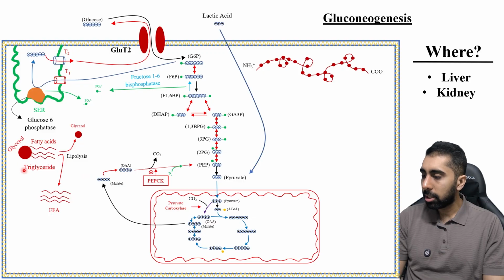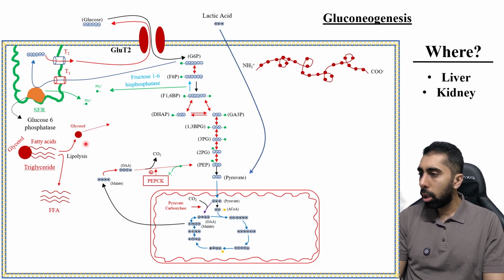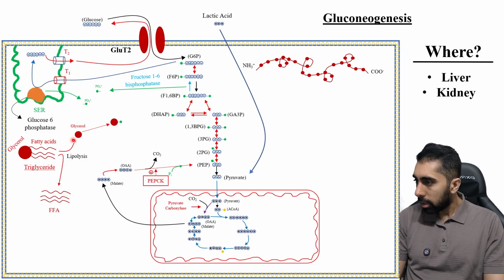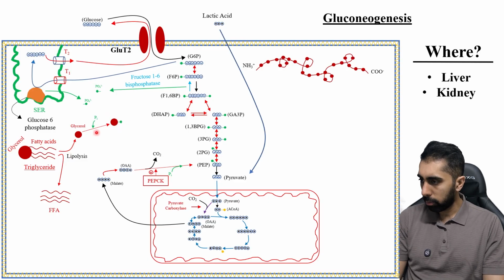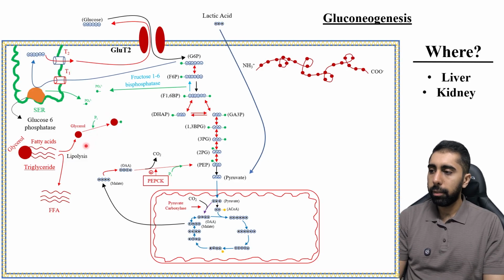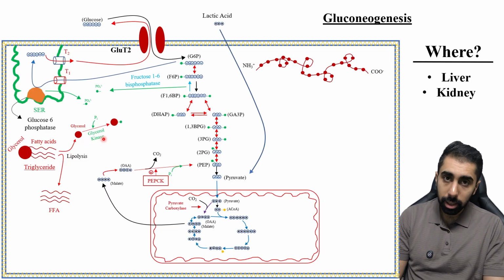Lipolysis helps triglycerides turn into glycerol and free fatty acids. Glycerol can turn into another molecule with one additional phosphate. The difference between these two is only this phosphate group. So let's add a phosphate group, and because we're adding a phosphate group, we call this enzyme kinase.